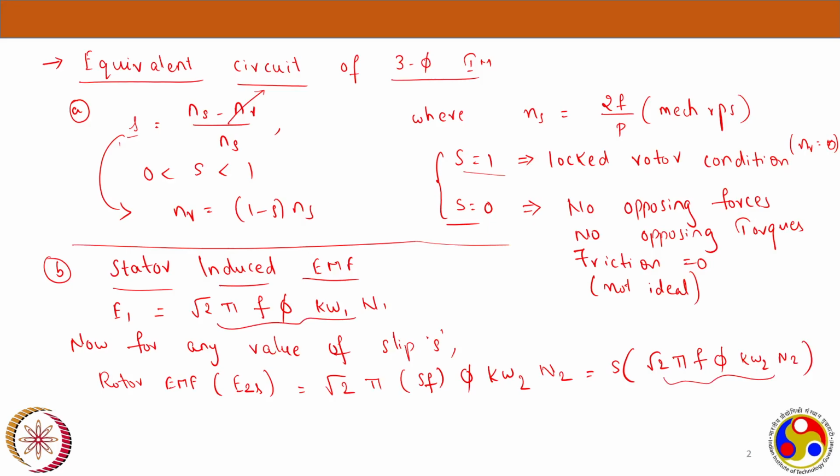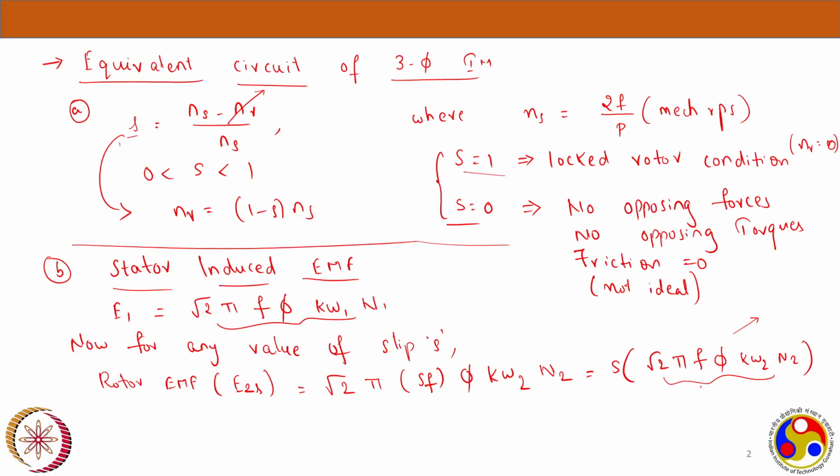Now just observe this factor and this particular expression. Both are induced voltages per phase. The rotor side one in the bracket is the induced voltage per phase in the rotor at S equal to 1. As you have taken S common, at S equal to 1 this will be the rotor induced voltage per phase, because the slip frequency S times f is f only.